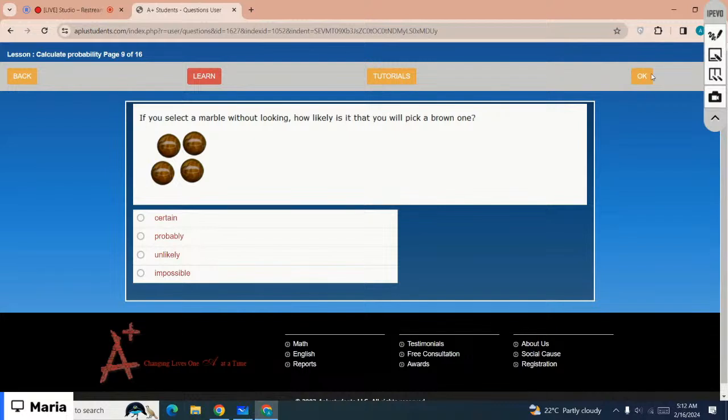If you select a marble without looking, how likely is it that you will pick a brown one? So, which is the correct option?